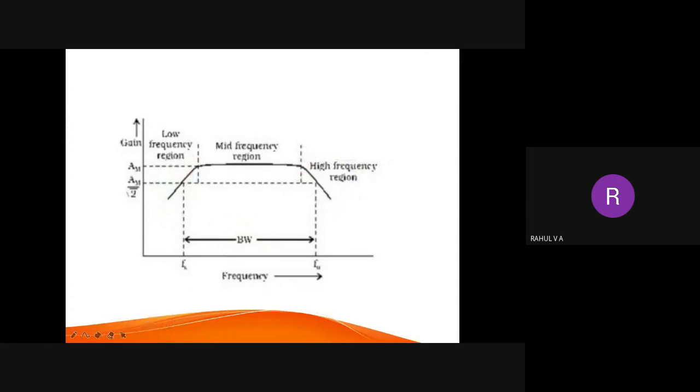Again, let me come to the three capacitors, C1, C2, CE: coupling capacitors and the emitter capacitor. In the previous class we studied a formula: reactance of a capacitor is equal to 1 by 2 pi fC.